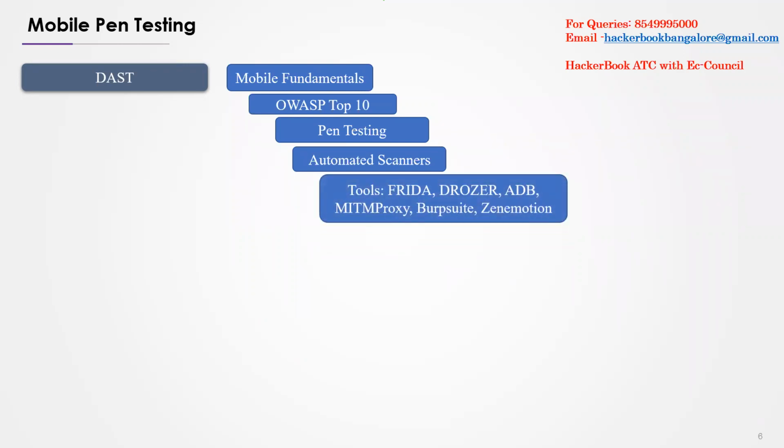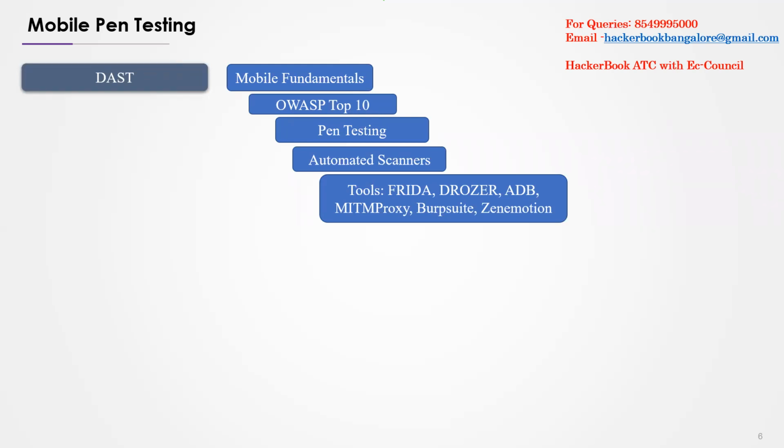If you want to perform manual pen testing for the mobiles, you have to use tools called Frida, Objection, ADB (Android Debug Bridge), a man-in-the-middle proxy, Burp Suite, and Genymotion.